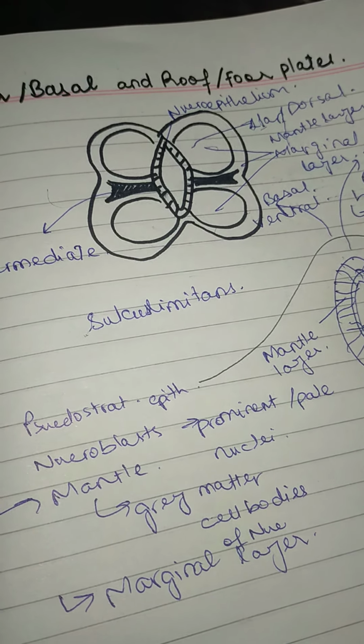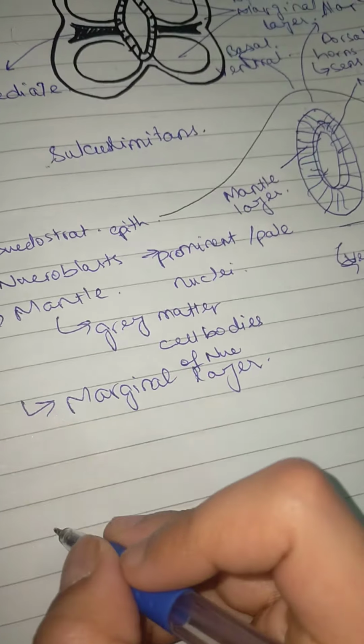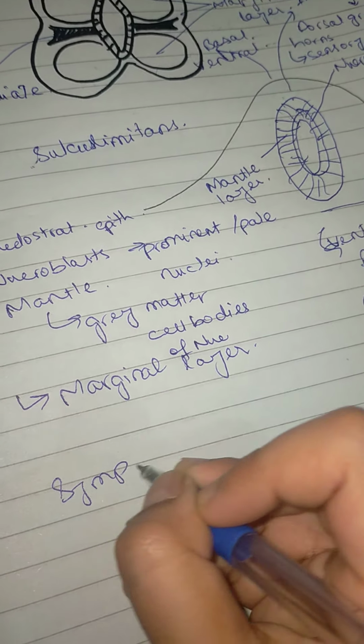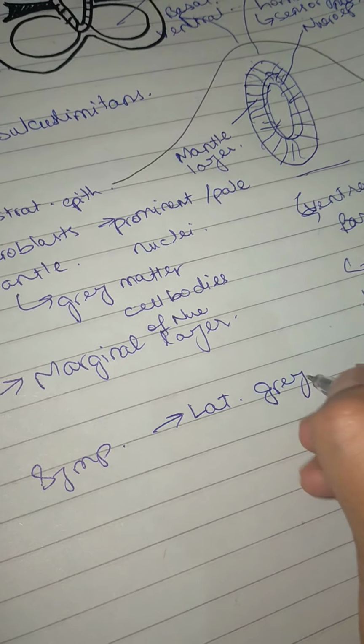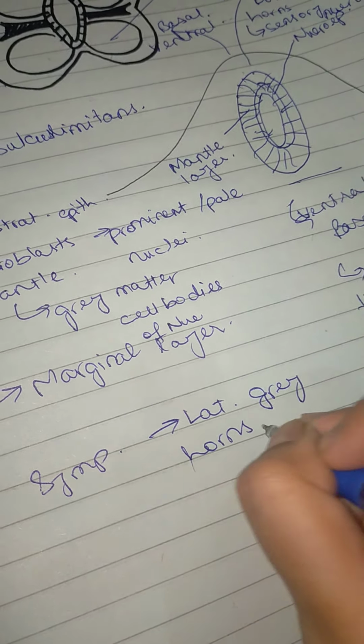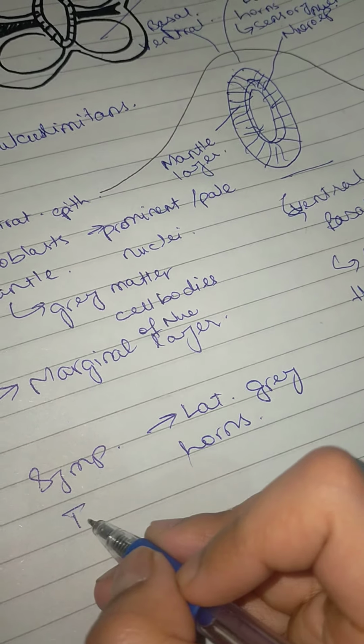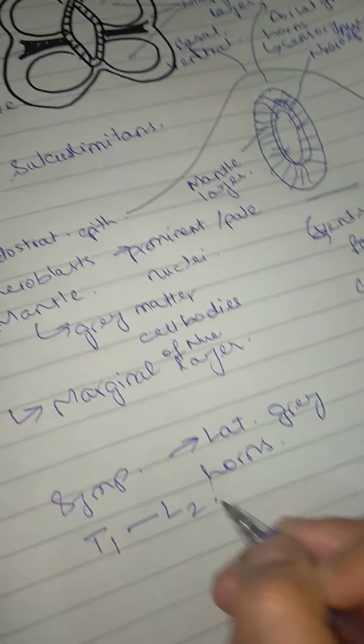You can say the sympathetic portion of the spinal cord contains the lateral gray horns at the levels from T1 to L2.